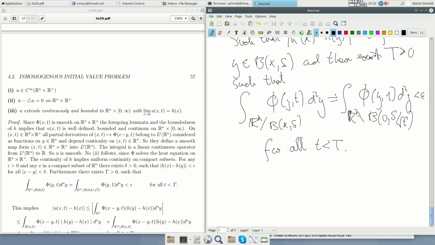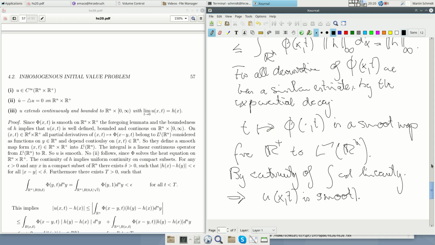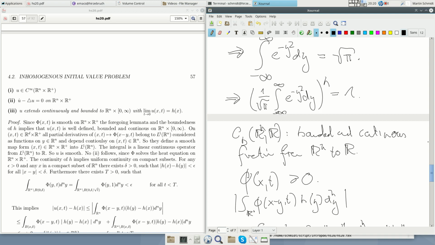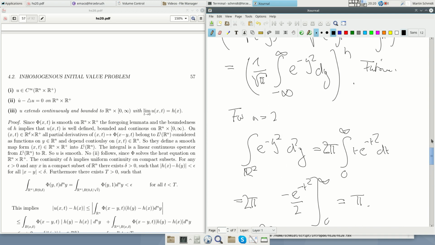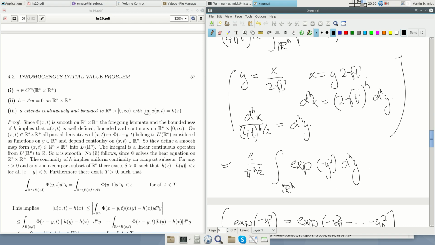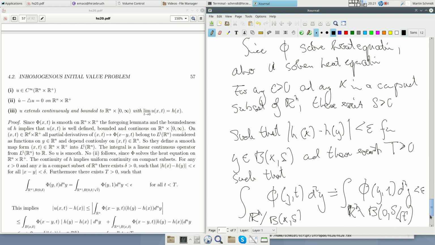This behavior is just again the rescaling which we used in the lemma before. Please note that here we rescaled by 2 square root of t. We use the same rescaling, and then we have this property.